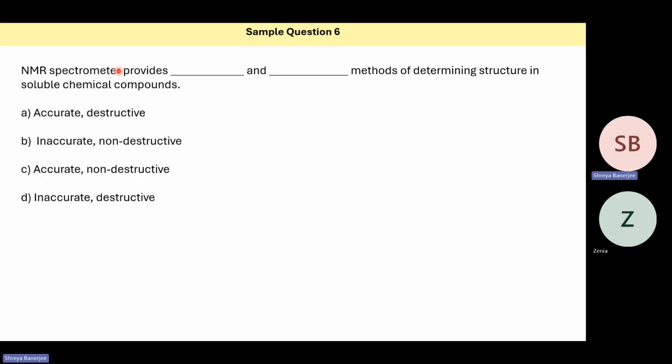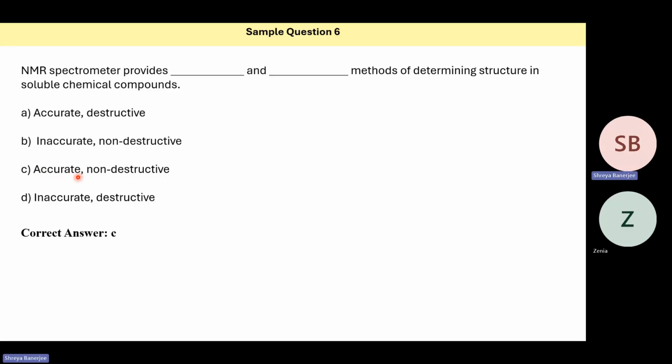This question is asking, an NMR spectrometer provides dash and dash methods of determining structure in soluble chemical compounds. So here the answer is accurate and non-destructive.